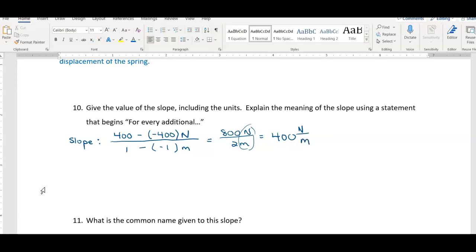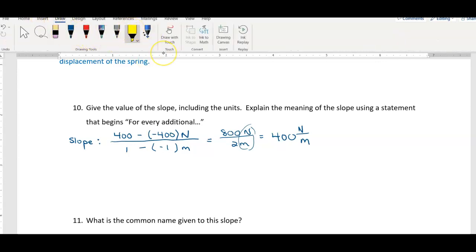Okay, and then it says explain the meaning of the slope. And so I'm going to explain it for every additional, and I'm looking here at what's in the denominator.